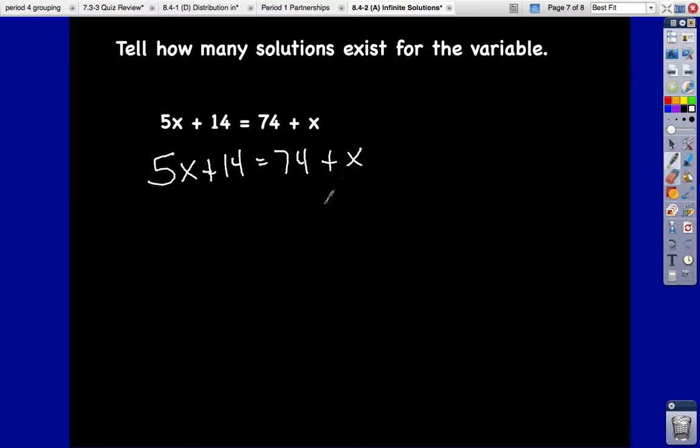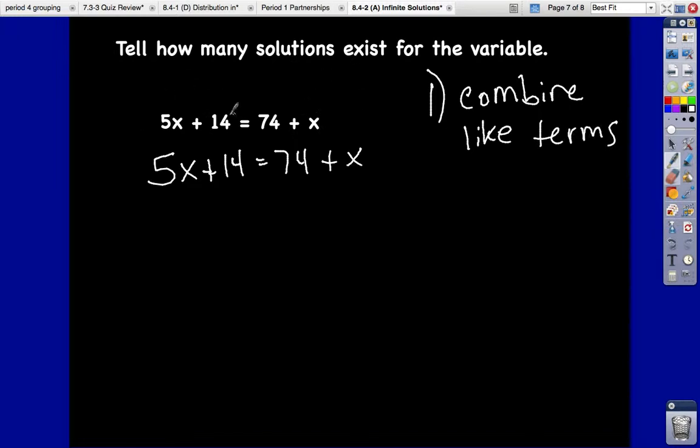But I still want you to know how to solve these for x because you're going to have problems like this. So in this situation, you want to remember that the first step was to combine like terms. It's already done. We don't have to do that because all the like terms are already combined on each side of the equal sign.